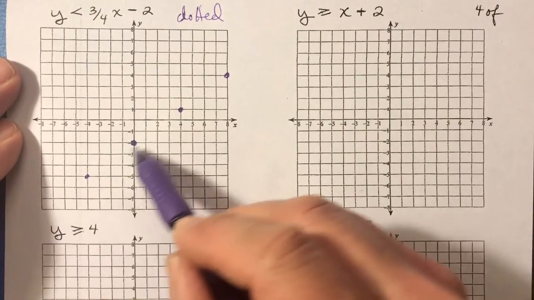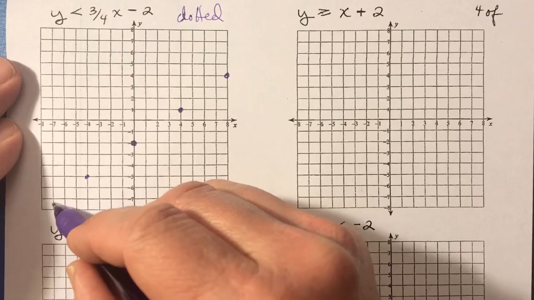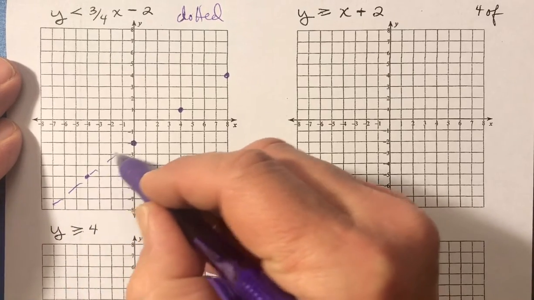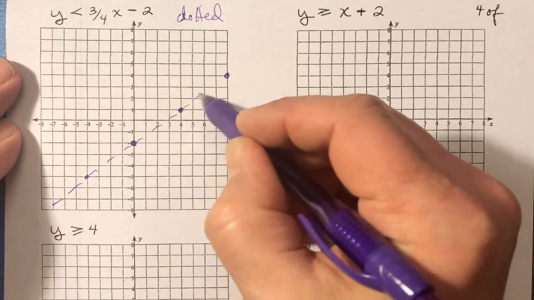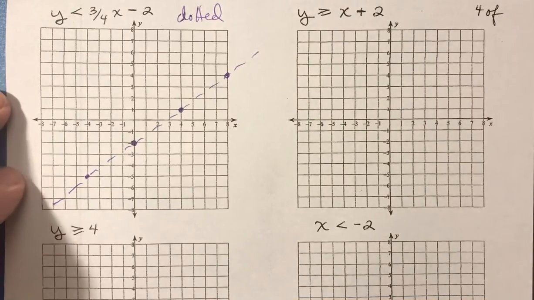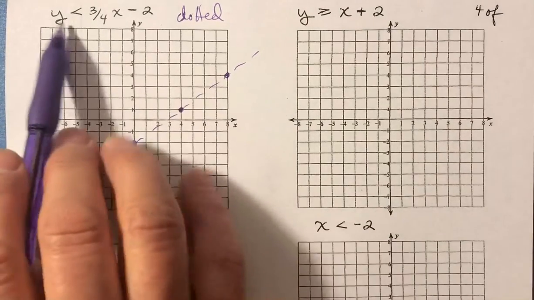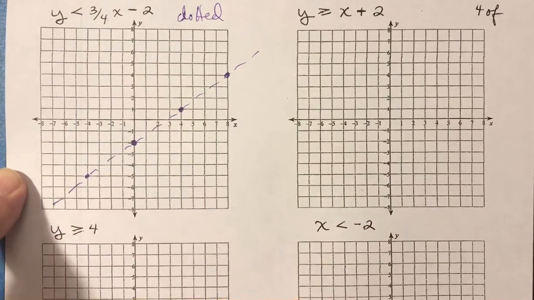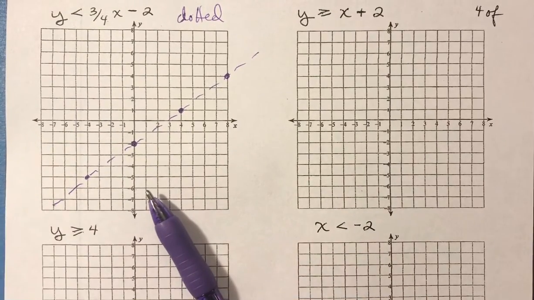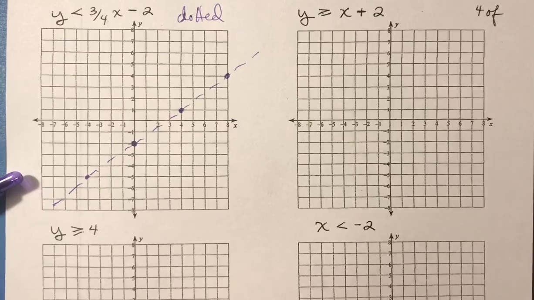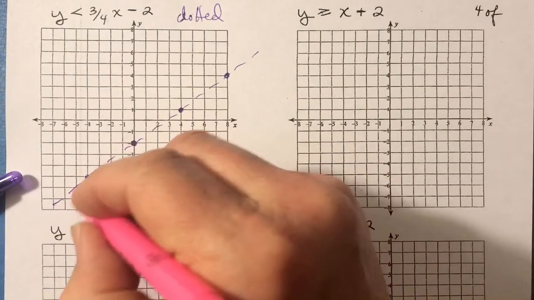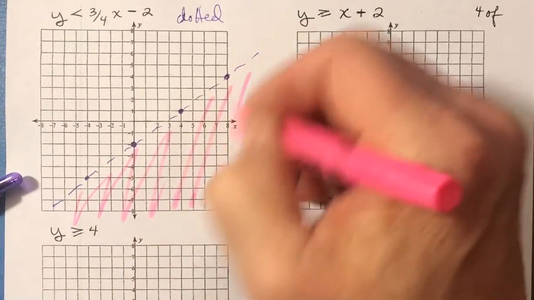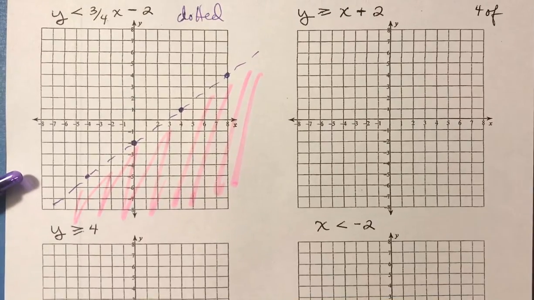So now I have those points as a reference, but now instead of drawing a solid line, it's going to be a dotted line. And then we want all the points where y is less than 3/4 x minus 2. So it will be all the points less than this, or that will be below that dotted line.